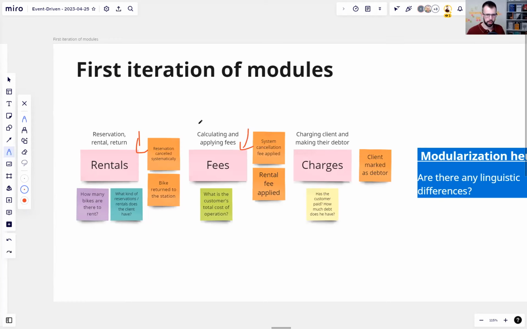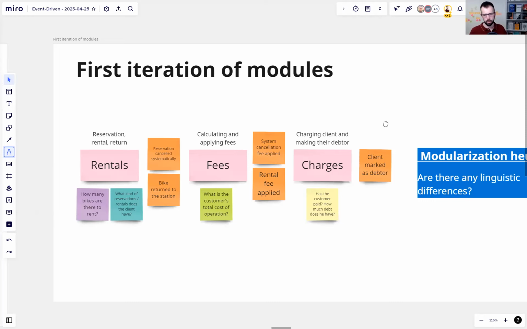This is an interesting way of finding better ways of dividing your solution: to check whether you can find the best definition for a single word, or maybe change that very common word, bike, into something more adjusted to the needs of a single module.